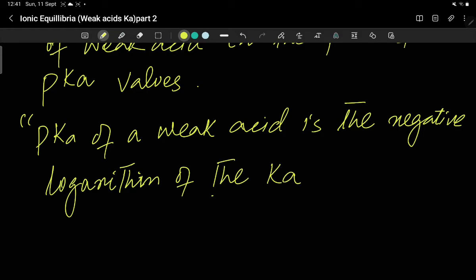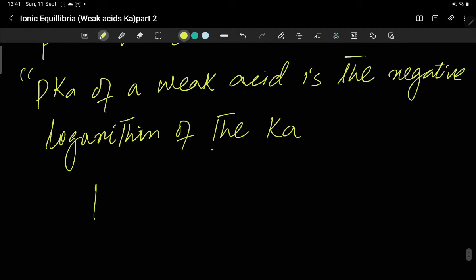So mathematically it can be written as pKa is equal to minus log of Ka.